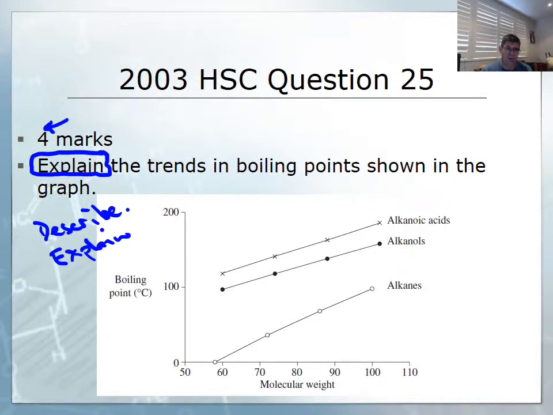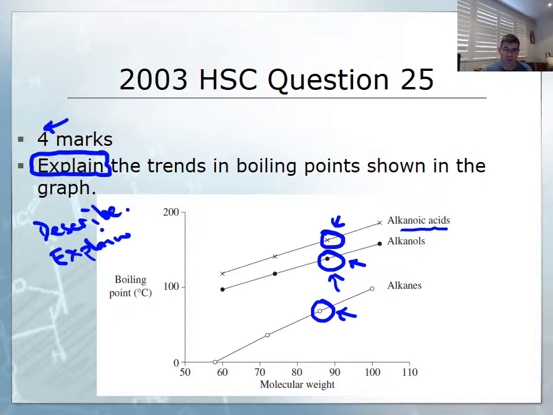So you must refer to the graph. You must look at the fact that there is a relationship between boiling points for similar sized molecules. That is, the alkanoic acids are much higher than they are for the corresponding alkanes or alkanols.